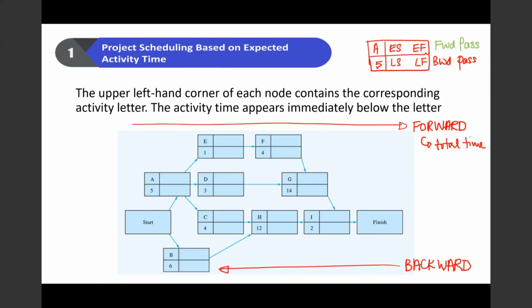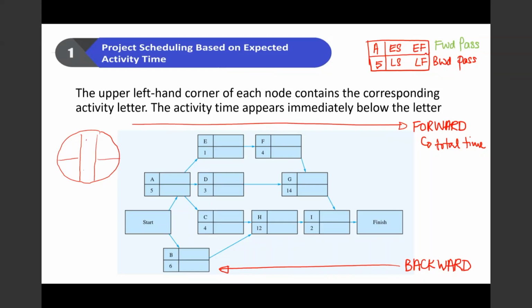I am flexible, whether you want to use the format given here where you use a square, or if you want to continue using the format that you have learned. I think in OM, you might have used this way, right? This is the activity.